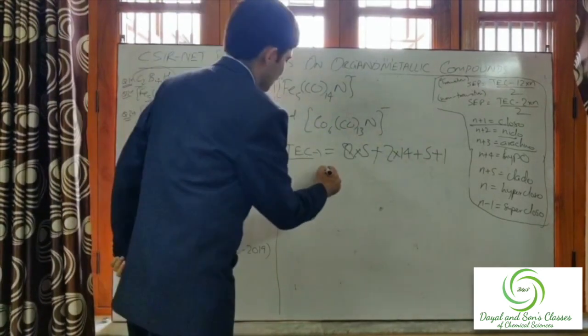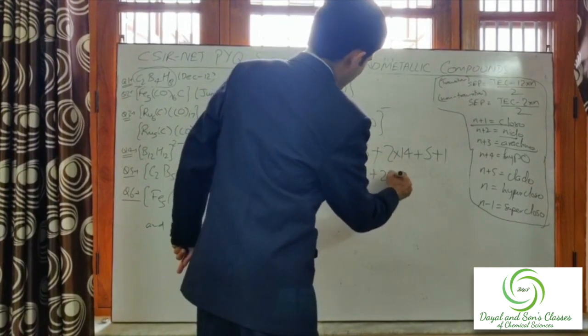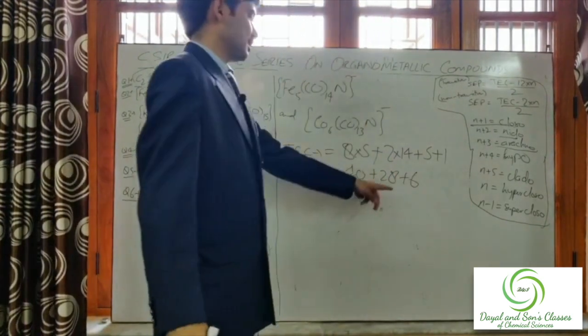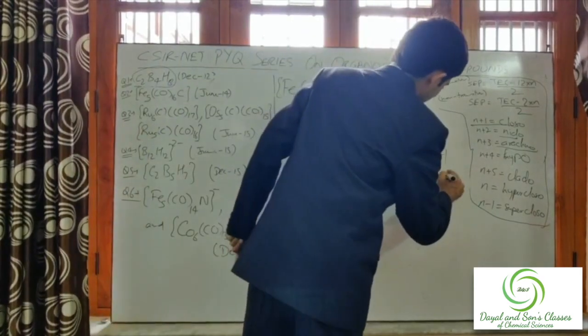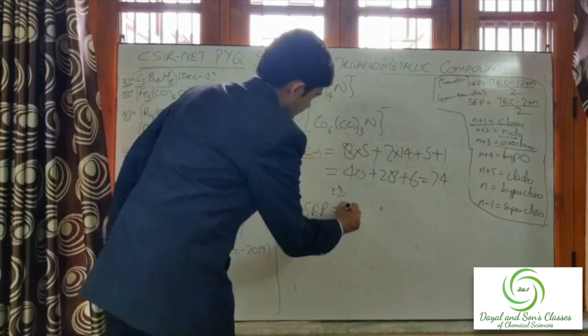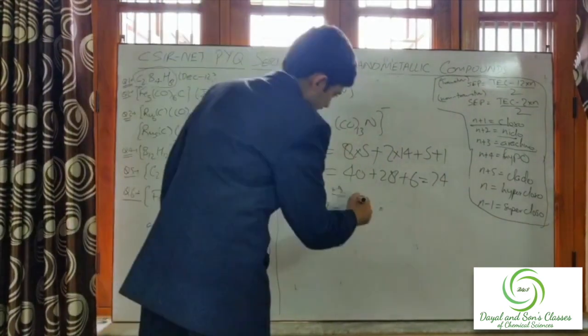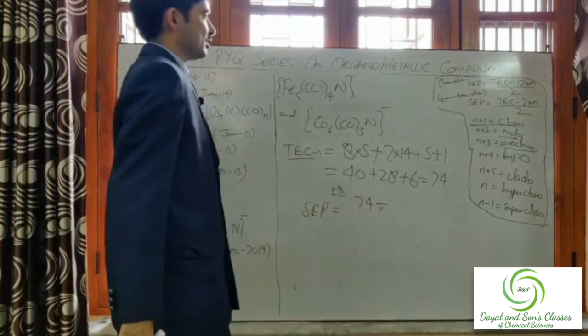Now let's see what the total electron count comes to be. 40 plus 28 plus 6, 34, 74. This comes out to be 74. Now let's calculate SEP for this. SEP will be 74, total valence electrons 74, minus 12 into n.